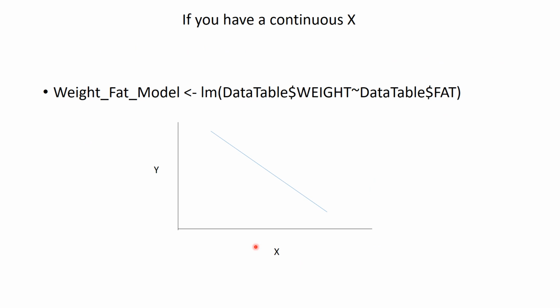Right, if you have a continuous x and a continuous y, you are looking for a straight line relationship. Okay, you're looking for a line, and we describe the line in terms of its intercept. And we won't really be talking about the intercept in today's lecture, but very importantly, the slope of the line. How steep is that line? Is very important.